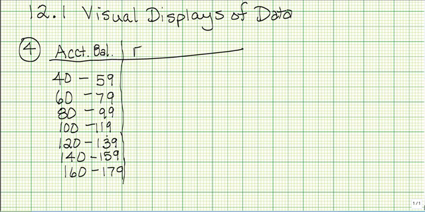Now what we have to do is calculate the frequency, and what I'm going to do is put tally marks here and then erase the tally marks and put the actual number.